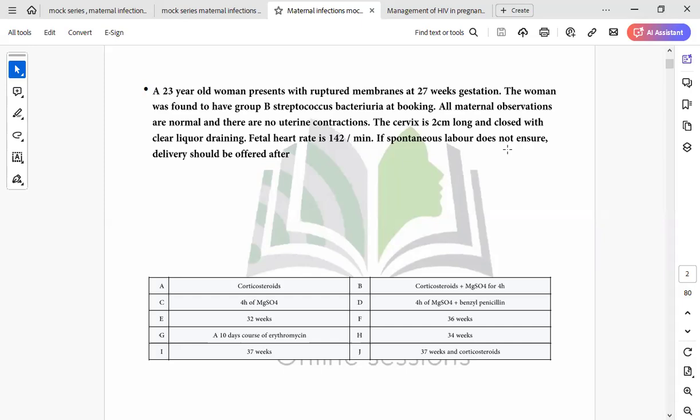But here, they are not asking about this. They are asking what would be the timing that you should offer delivery, if she's still calm, if spontaneous labor does not start. So here they are looking for a specific something.